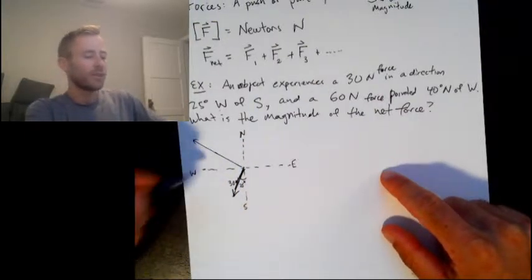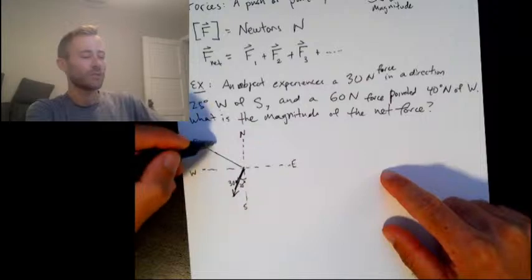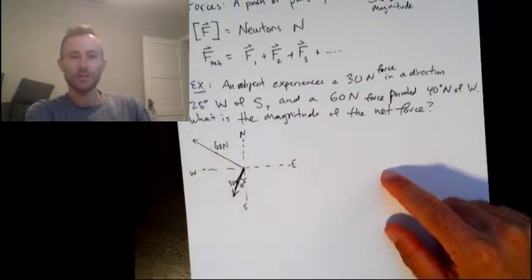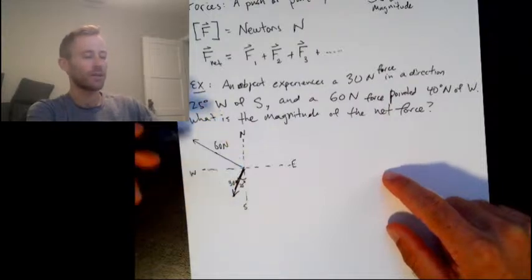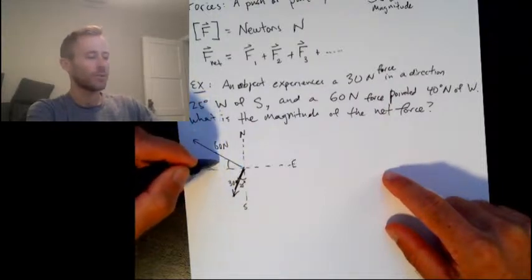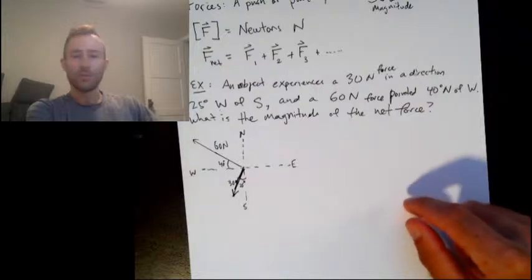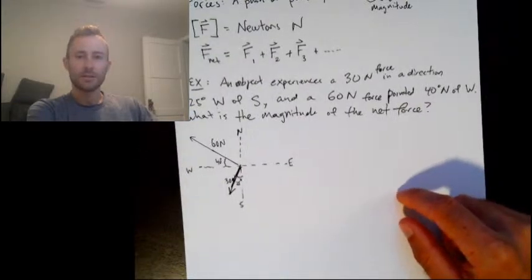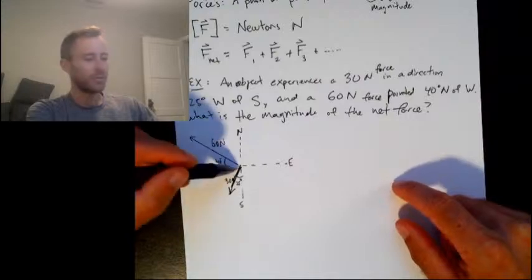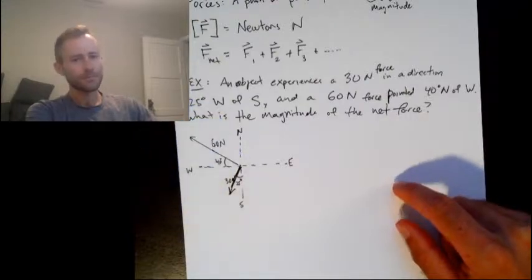I want to draw this vector as being twice as long because it has twice the magnitude. So I tried to make this arrow twice as long as that arrow, and this would be 40 degrees. If it was 40 degrees south of west, it would be pointed down in this direction.